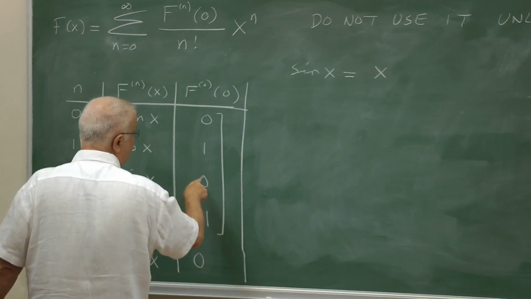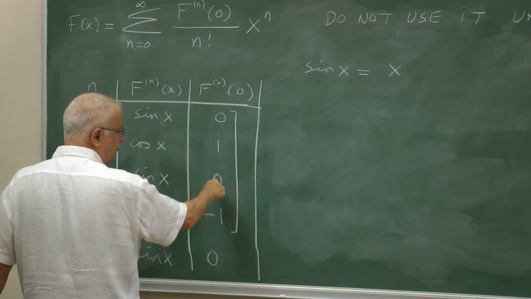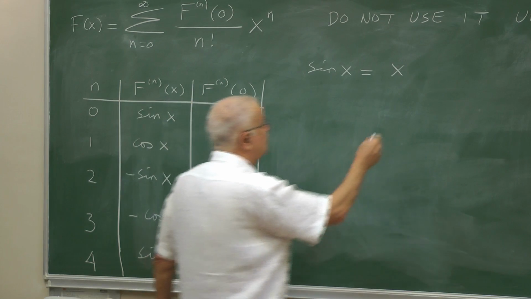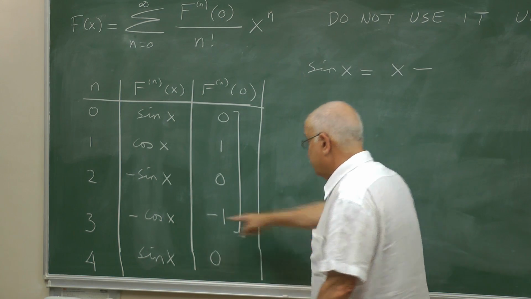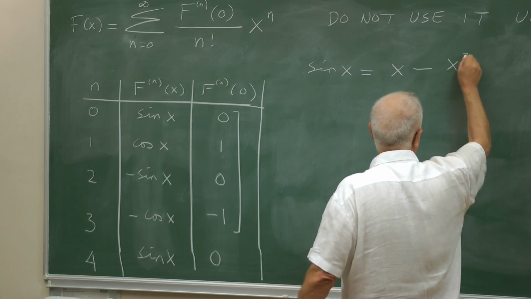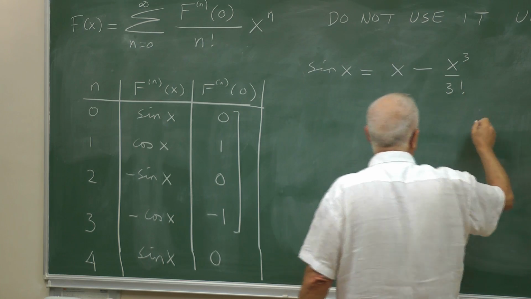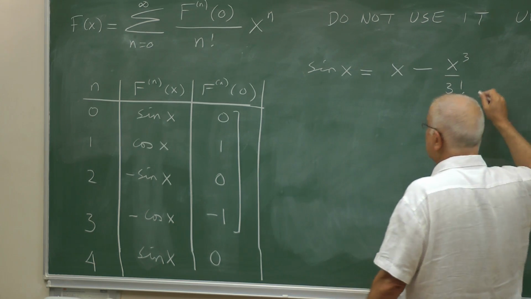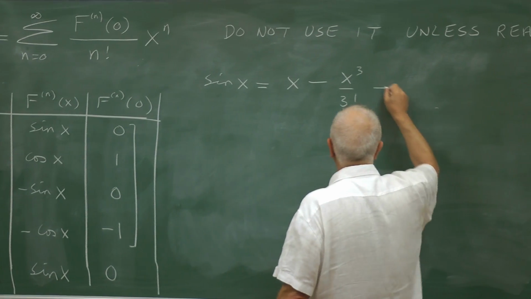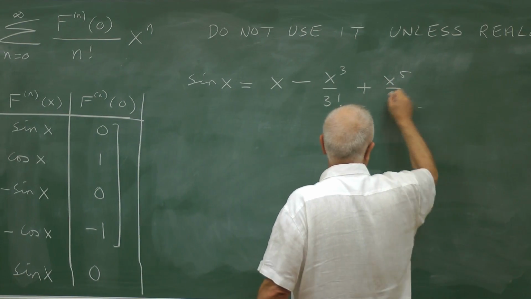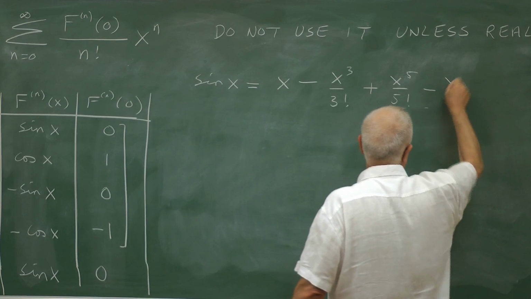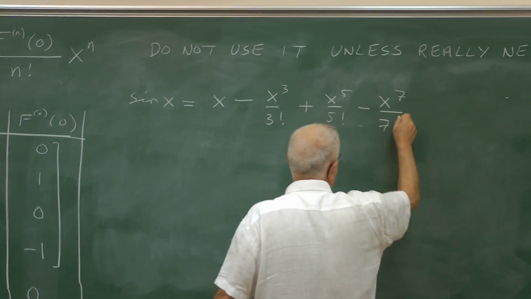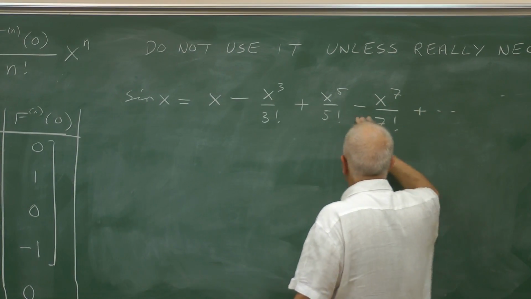Then 0 times x squared term, minus 1 x cubed over 3 factorial. If we repeat ourselves, it will be x to the 5 over 5 factorial minus x to the 7 over 7 factorial, and so on and so forth.